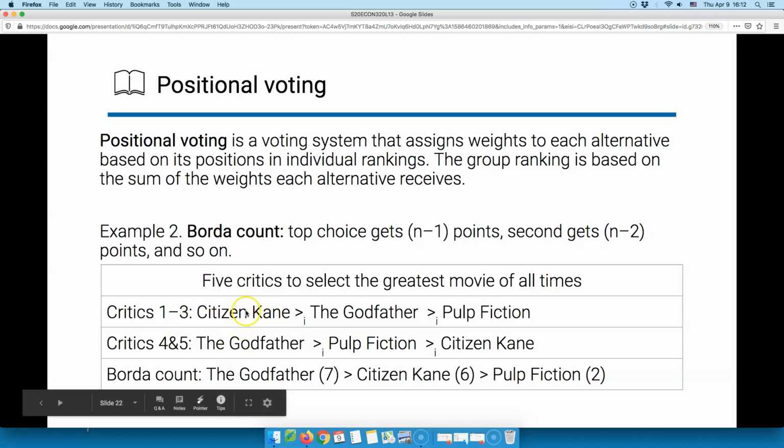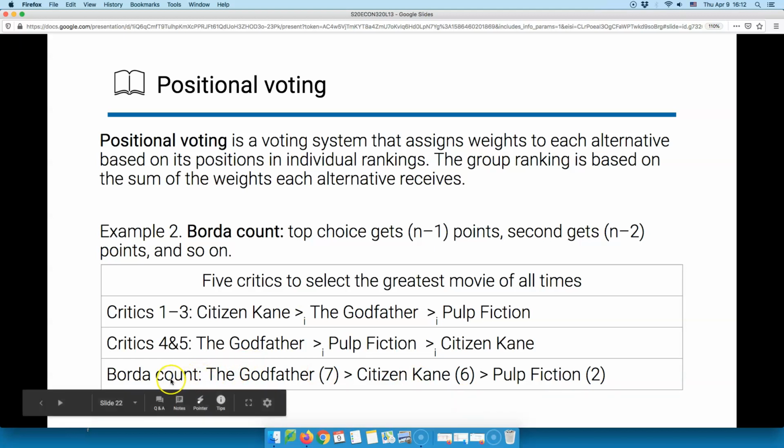So Citizen Kane would be the majority choice between it and The Godfather, because 3 critics would vote for it and 2 critics would vote for The Godfather. And it would also beat Pulp Fiction 3 to 2. So Citizen Kane should be the majority voting selection, but it loses using the Borda count selection process.